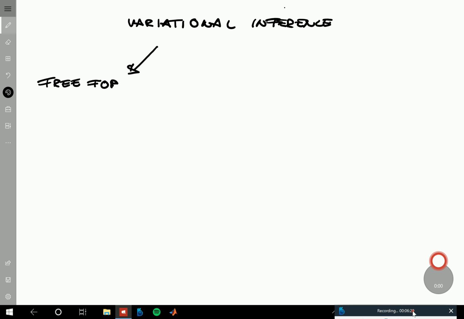And these two things are the following. And let me just write them down. So one thing would be freeform variational inference, and the other one would be fixed form.